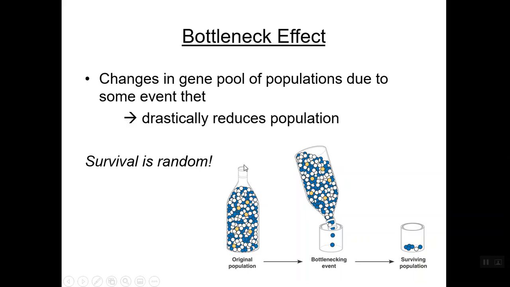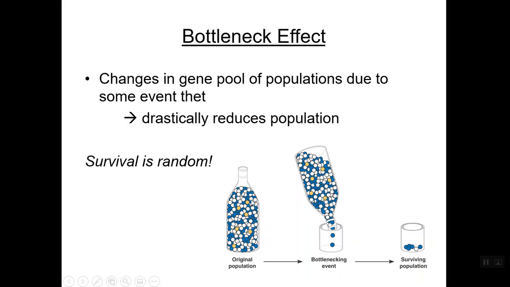For instance, imagine comparing an initial or original population of a certain species to candies in a jar that has a bottleneck. Visually, maybe the blue and white alleles represent maybe 50-50, and then there is this yellow allele that is there, but at a percentage much less than the blue and the white allele.